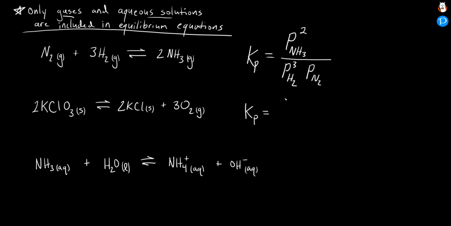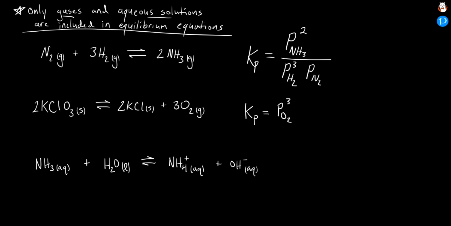Now, it's going to be products over reactants, but none of my reactants are going to be in this equation. And so really all I'm going to have is the pressure of O2 to the third power. And that right there would be my equilibrium expression for this one.